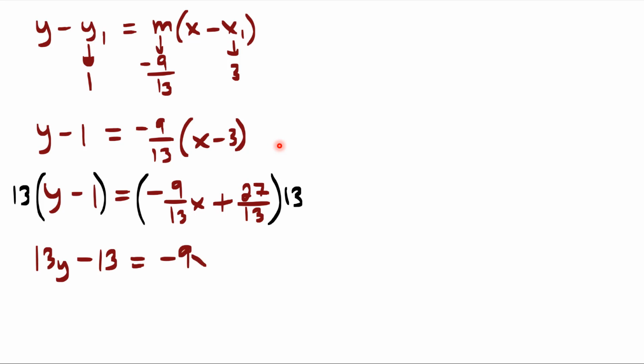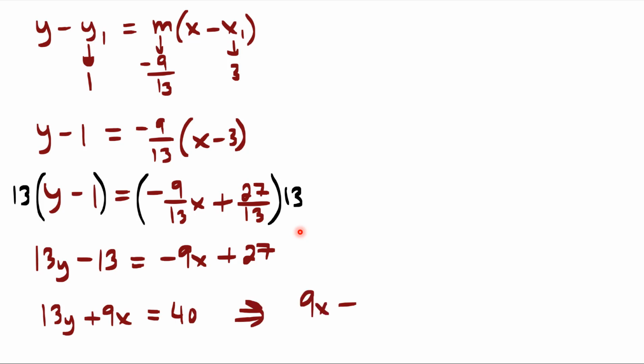Then this is going to drop the 13 on each one of those. And let's see what we got. We're going to take this negative 9x and move it over here. We're going to take the 13 and move it over there. So it should be like this, 13y plus 9x because we moved it. On the other side, it'll be 27 plus 13, which is 40.